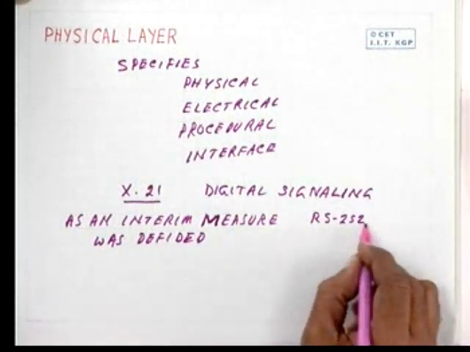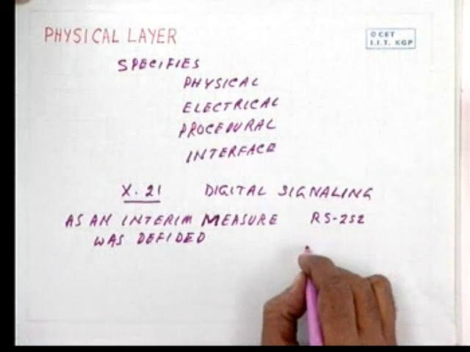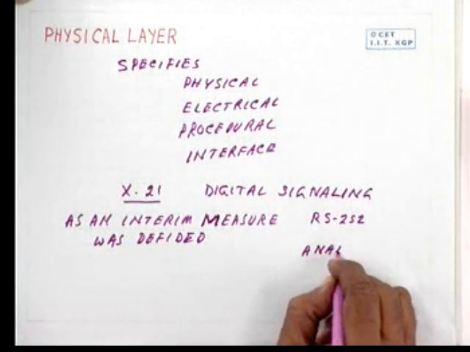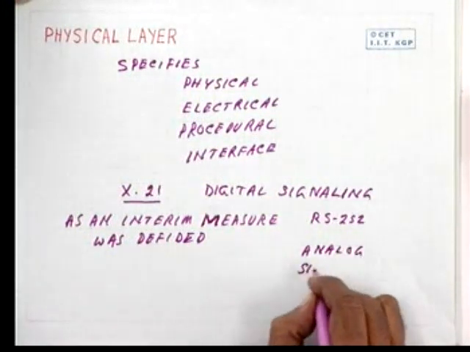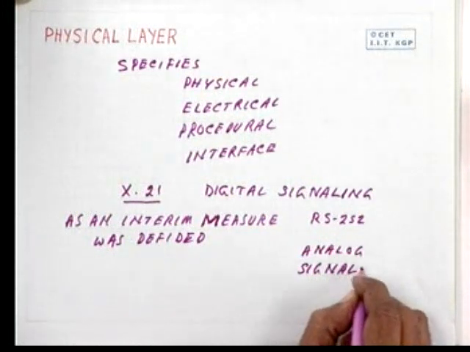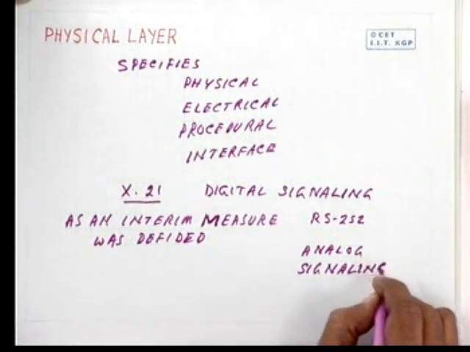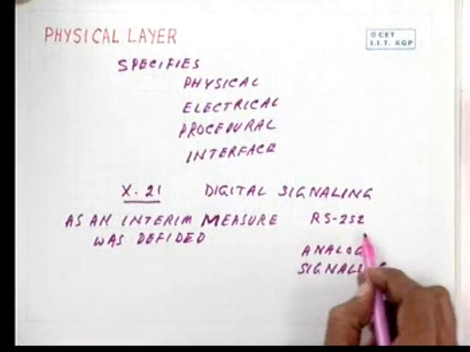And in RS-232C, as you know, analog signaling is used. We have already discussed in detail the RS-232C, and we have seen the physical, electrical, functional and procedural components in it. So here somewhat similar things are specified. We are not going into the details of it.